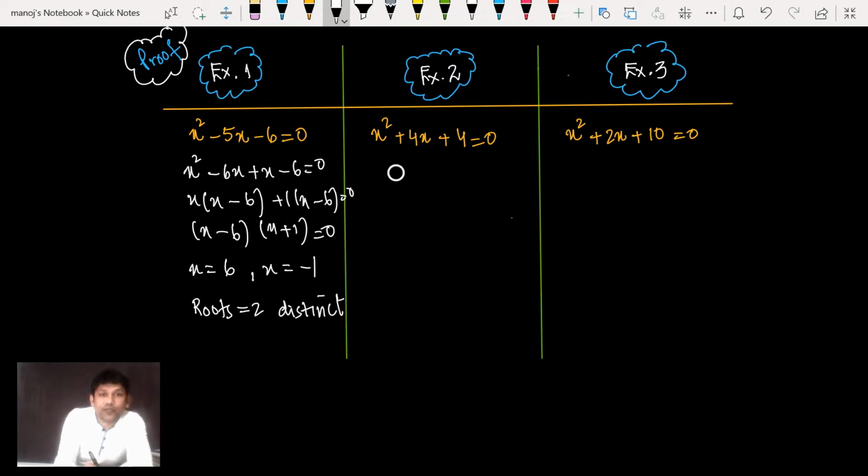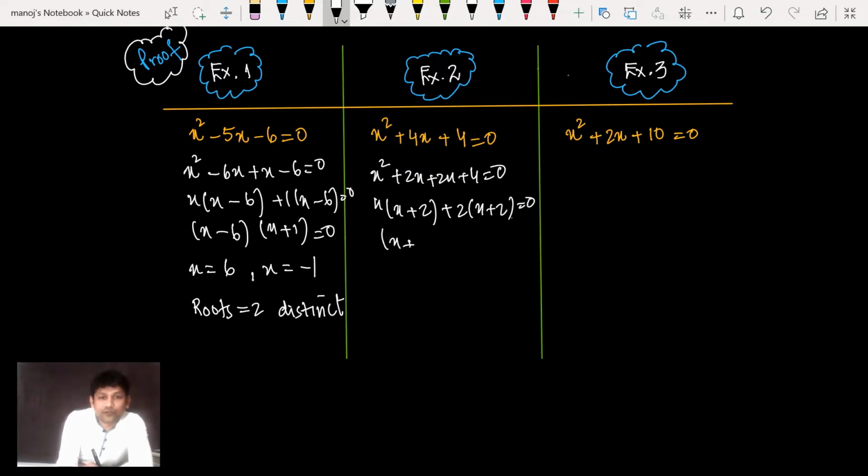When I make the factors, there is a perfect square formula, or you can write 2x and 2x plus 4 equals 0, and x is common, x plus 2. I want to explain in detail first of all.